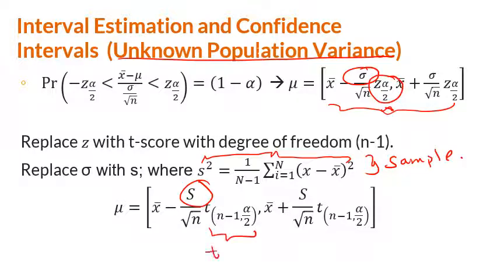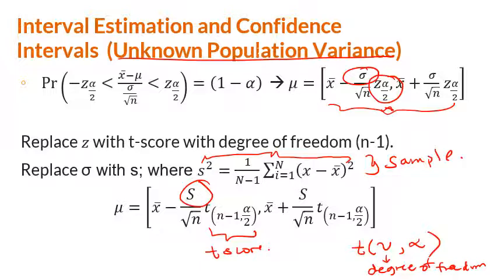So, note, yung T-distribution natin has two variables associated with it to arrive at your T-score: your degree of freedom, nu, and your alpha, your probability. Okay, so in this case, ang hinahanap natin ay yung T-score with degree of freedom n-1.